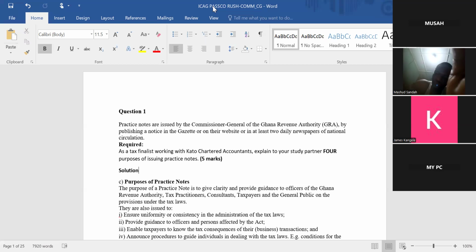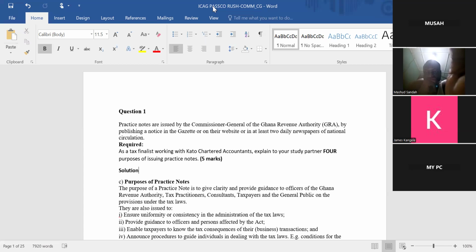These practice notes are issued to interpret sections of the tax law, for uniformity and consistency in applying the tax laws. And this interpretation is to help the tax officials, that's the GRA staff, the tax consultants, and the taxpayers in applying the tax law.